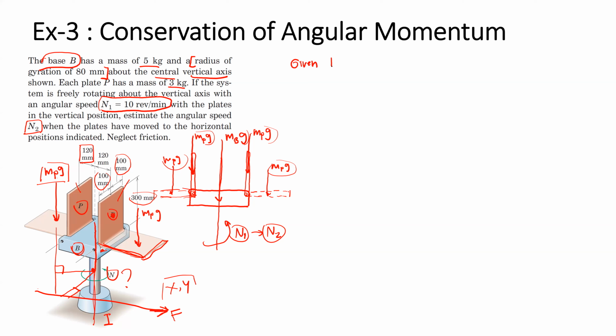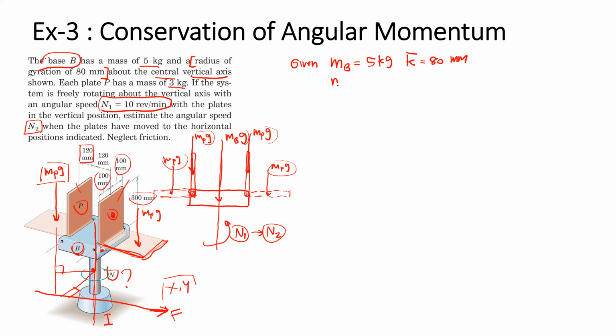They give the mass of the base B, 5 kilograms, with a radius of gyration of the base B of 80 millimeter.